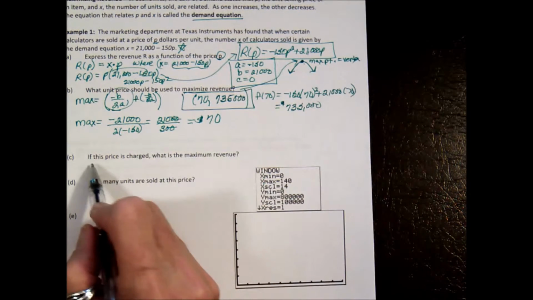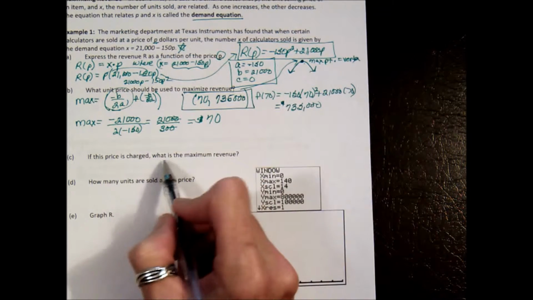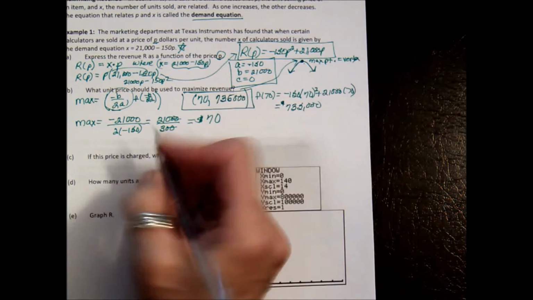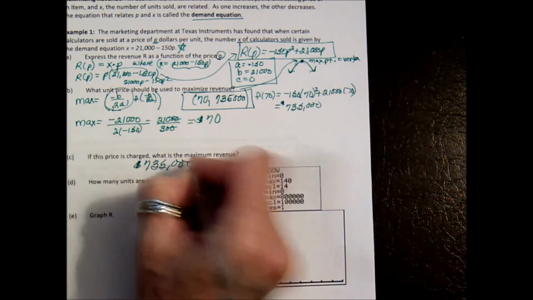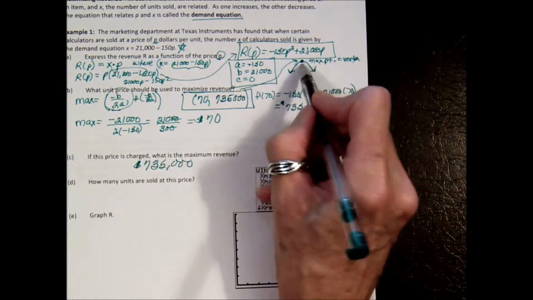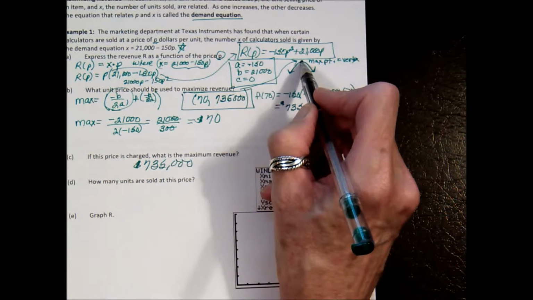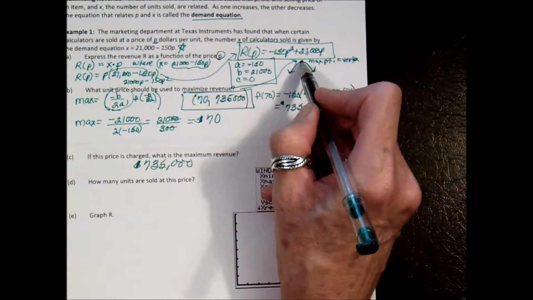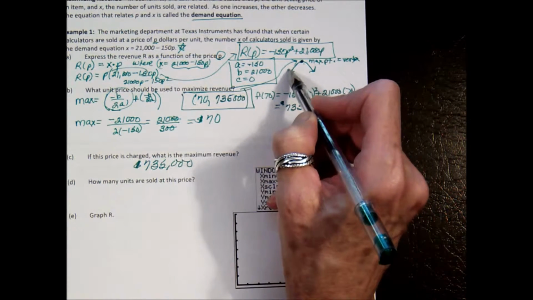So part C says, if this price is charged $70, what is the maximum revenue? Well, we just found it, $735,000. So that is where, on our parabola, the price is best. It's the best price you can charge for those calculators. If you charge less, your revenue is going to go down.